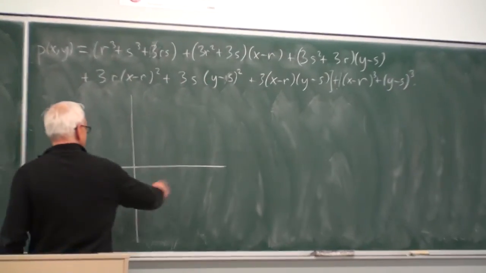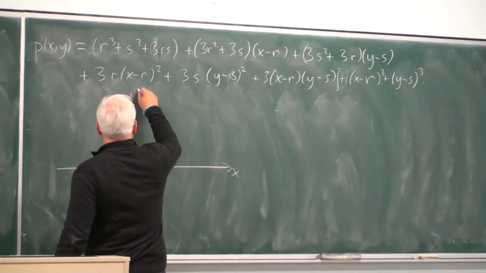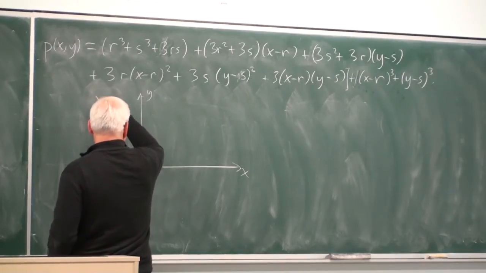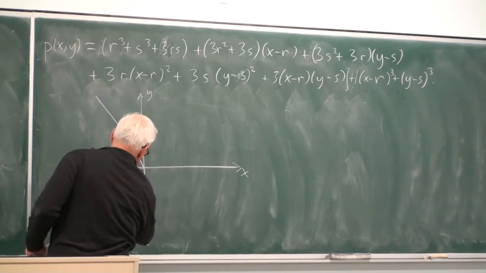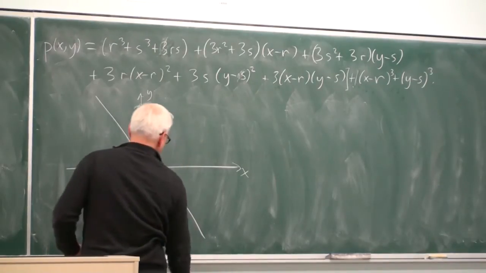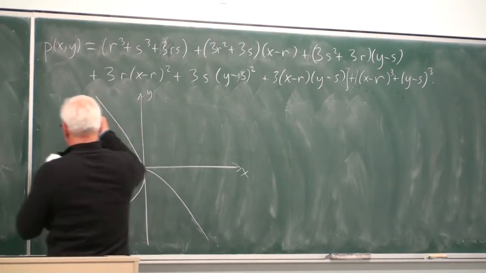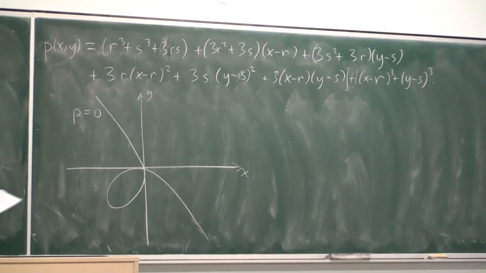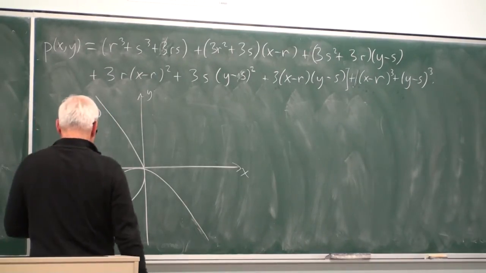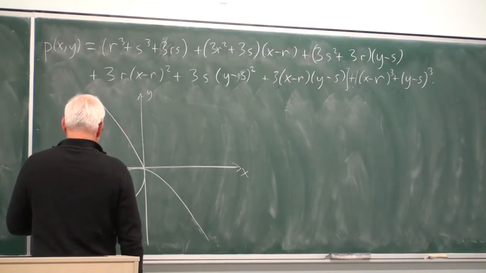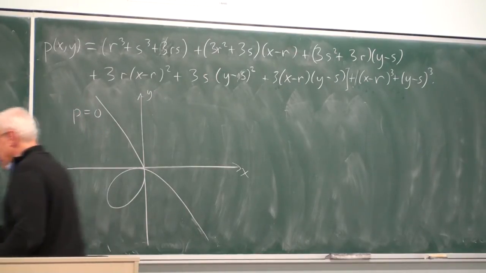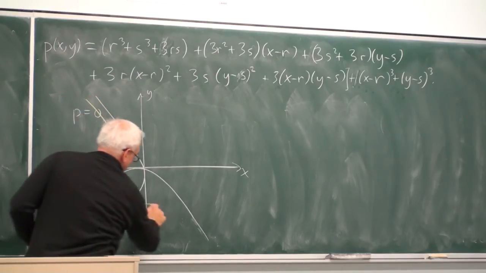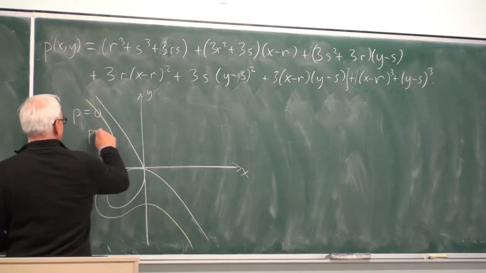So the original curve that we started with, the folium there. So that's the case, that's sort of when p equals 0. If you look at p equals minus 1, you get something like this. So that's p equals minus 1.